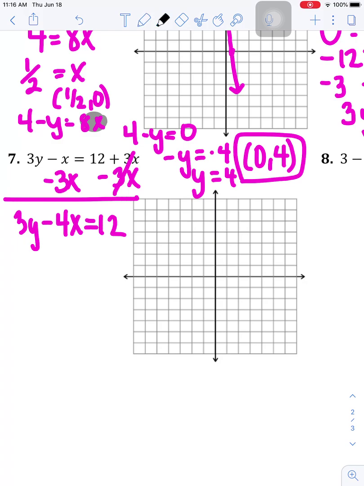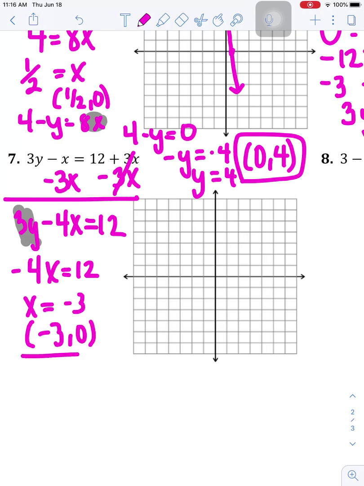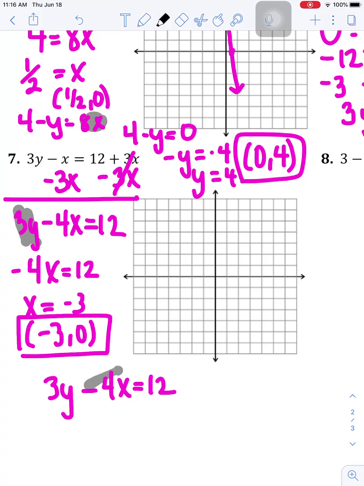All right, now to get the x-intercept, you zero out your y. So now we have negative 4x equals 12, and when you divide, x is negative 3. So that intercept is negative 3, 0. And then if we copy our standard equation again of the 3y minus 4x equals 12, if we want our y-intercept, you'll now zero out the x.